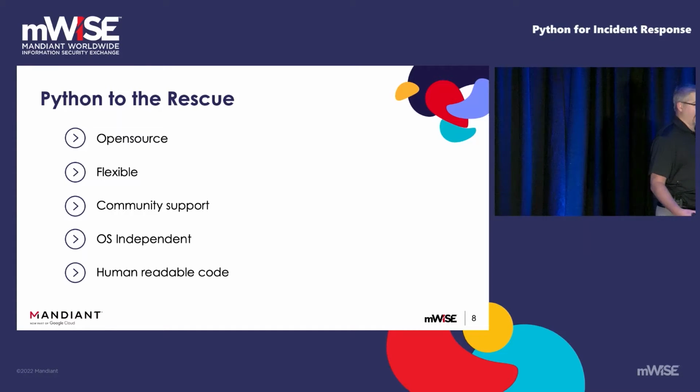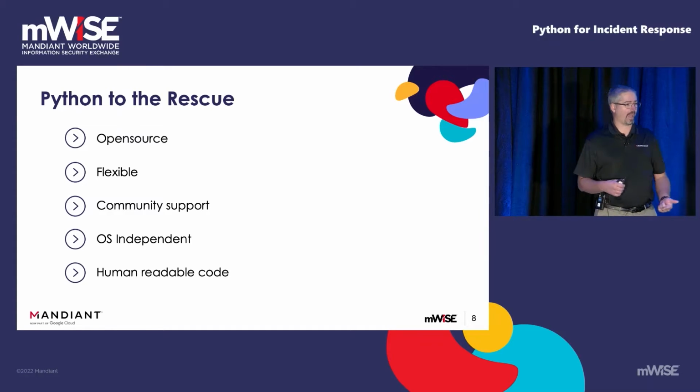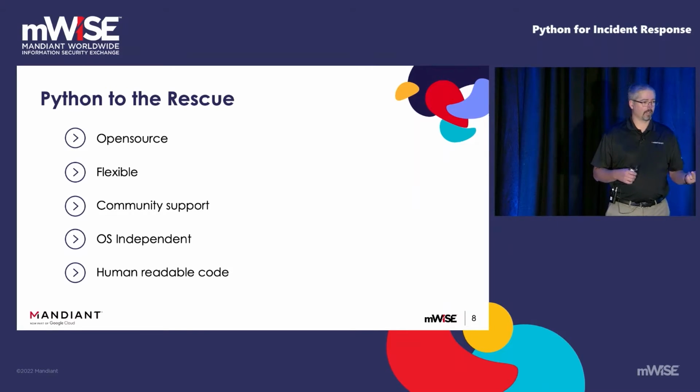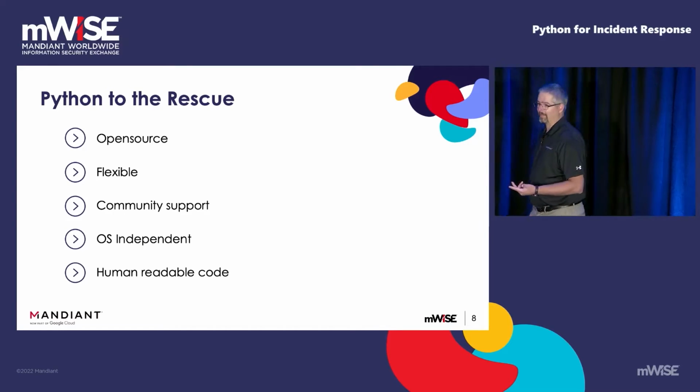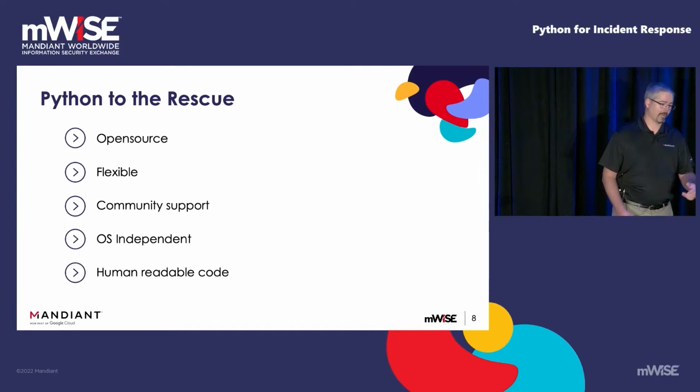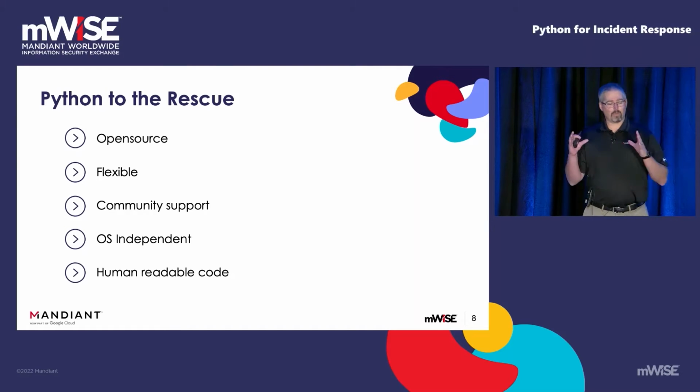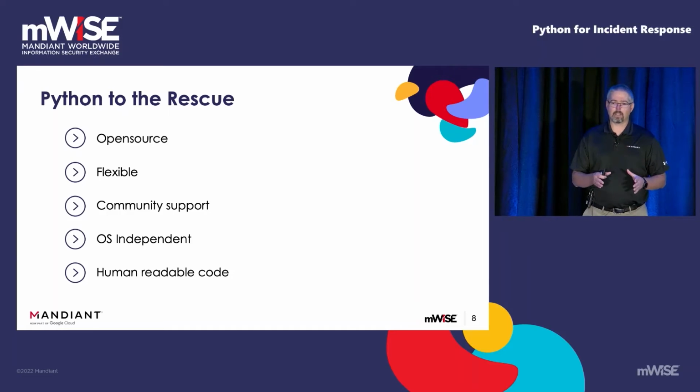It's OS independent, runs on Linux, Mac, Windows. And no, for many folks in here, it does not work on Google Chrome. Sorry guys, I looked that up. You have to run an emulator. But it's got a lot of flexibility. And that means I can write code that works on various different analysis platforms, okay?